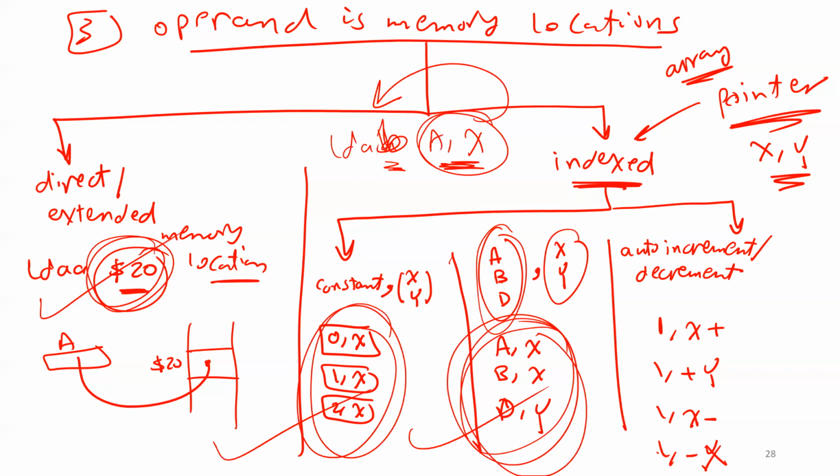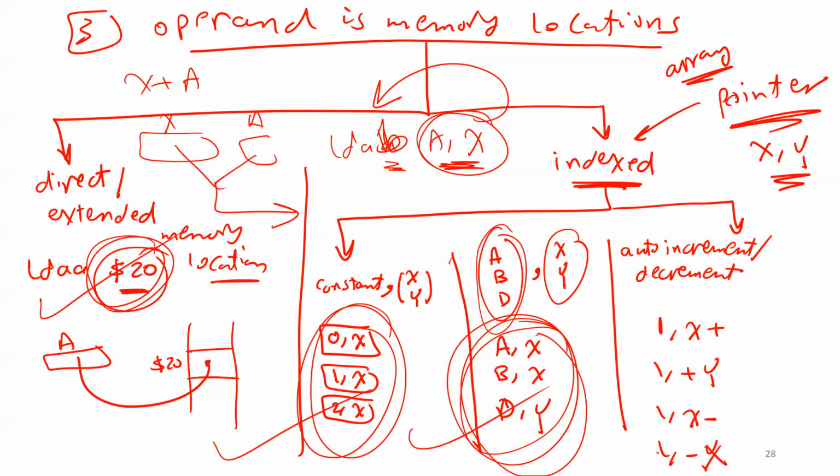Number two, what is the address? Here the address should be x plus a. I'm going to get whatever is in x and whatever is in a, and add them together to get the address. This instruction is not going to change a or x.